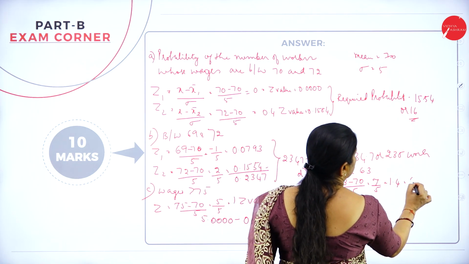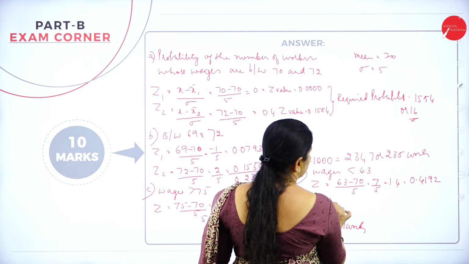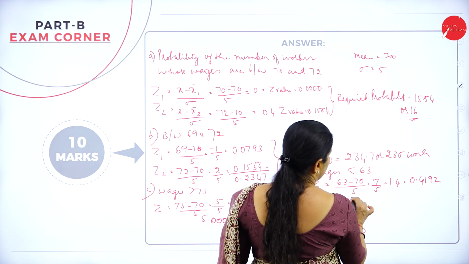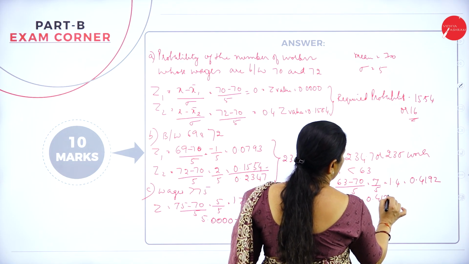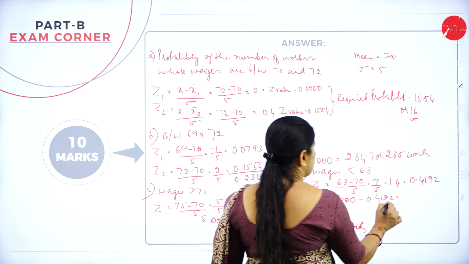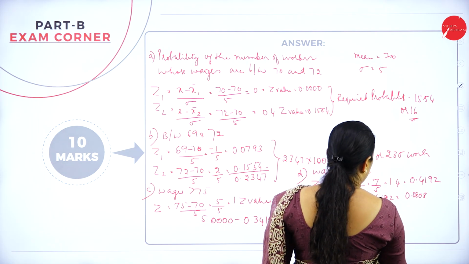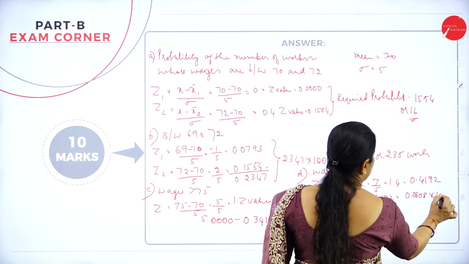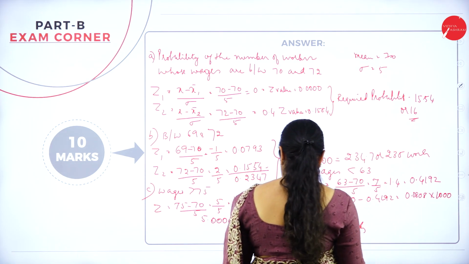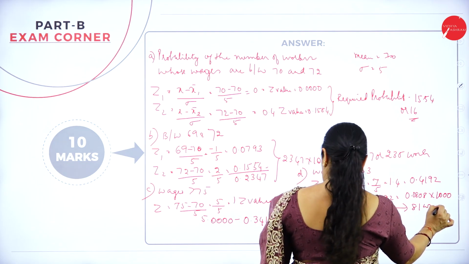The Z value will be 0.4192. So again we have to deduct 5000 minus 0.4192. I get the answer as 0.0808. So 0.0808 into 1000, I get the answer as 81 workers.